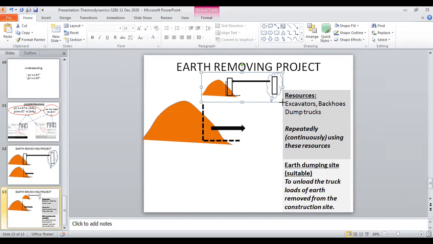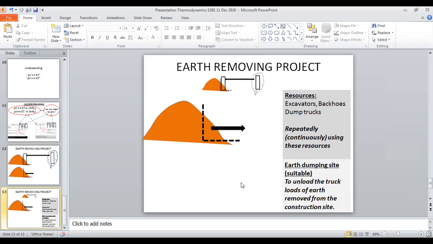So these are the resources. And then you have to plan, of course, the first should be the strategy of removing this. So strategies should come first.